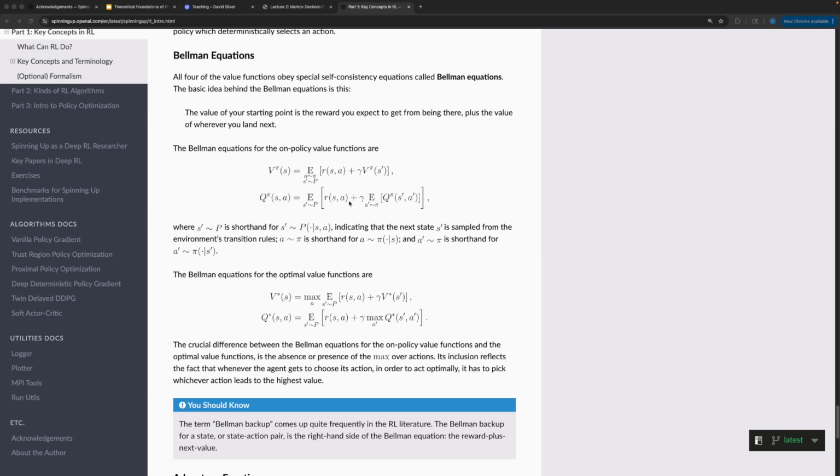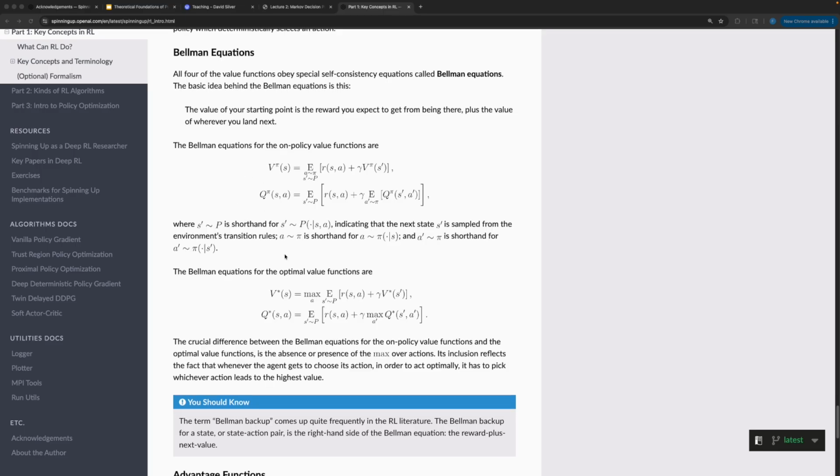It is the expectation of the immediate reward plus gamma times the expected value of q pi s prime a prime, where a prime is sampled from your policy, and s prime is sampled from your transition dynamics, and your immediate action is the one given as the input of q pi sa, and the next action is sampled from your policy. So that's the Bellman equation for V pi s and Q pi s a.